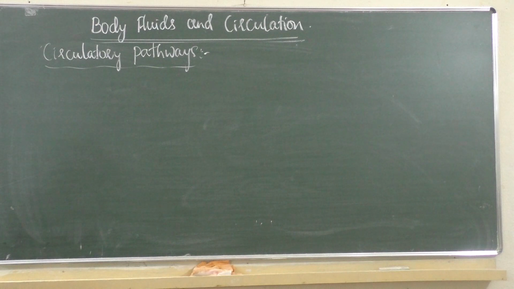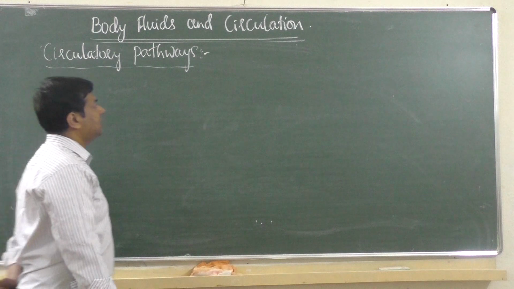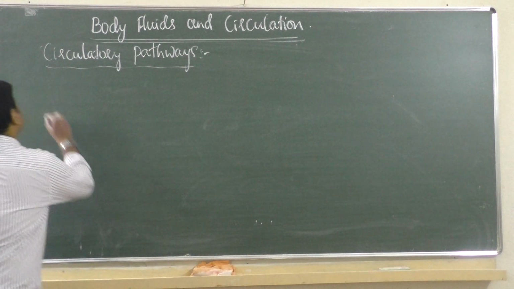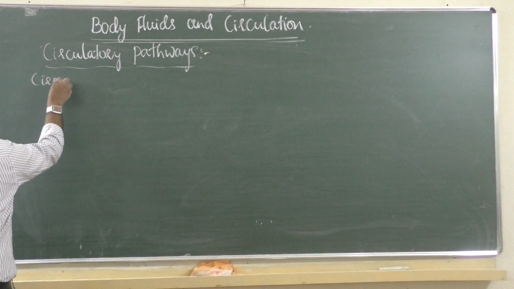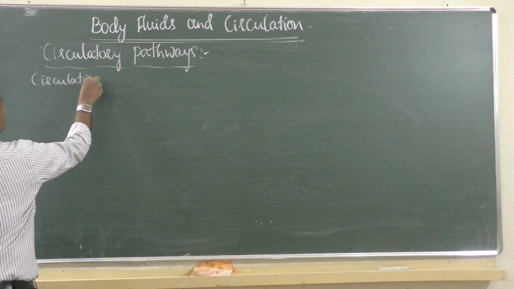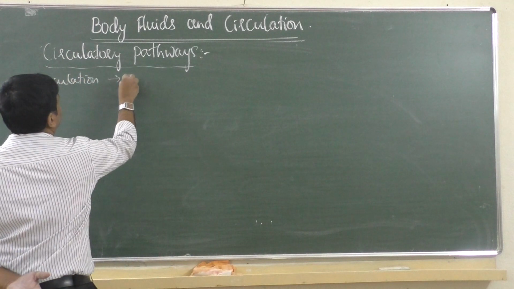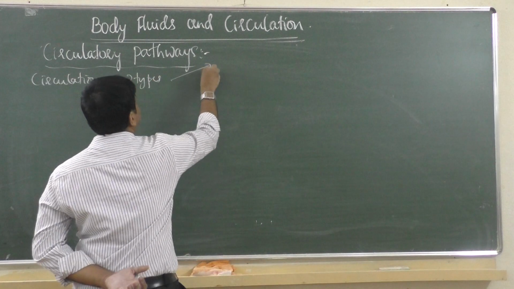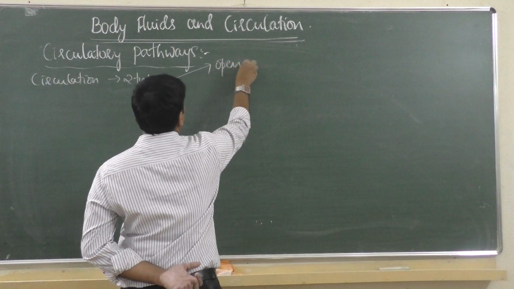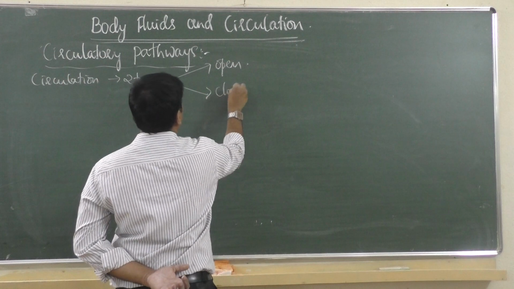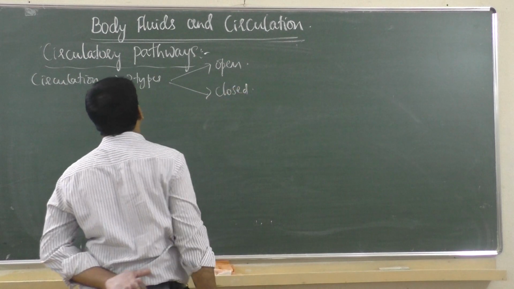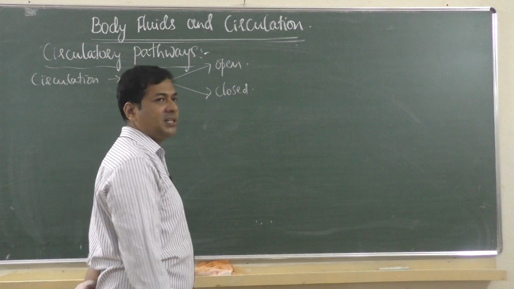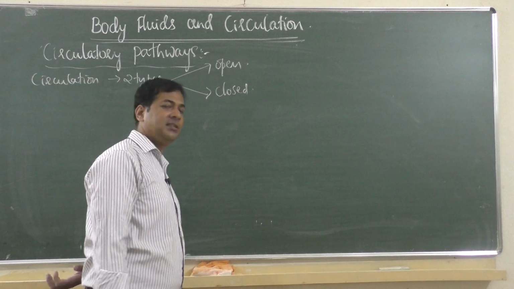Okay, we'll start from simple organisms, but before that, you know that circulation is of two types. Blood circulation, two types are there, as we already know from the animal kingdom chapter: open circulatory system and closed circulatory system. Human beings have a closed circulatory system.